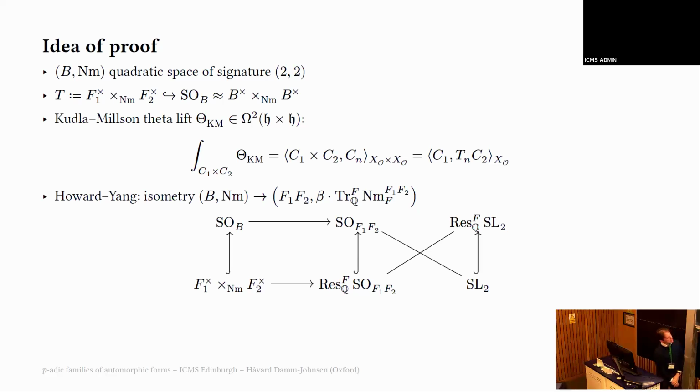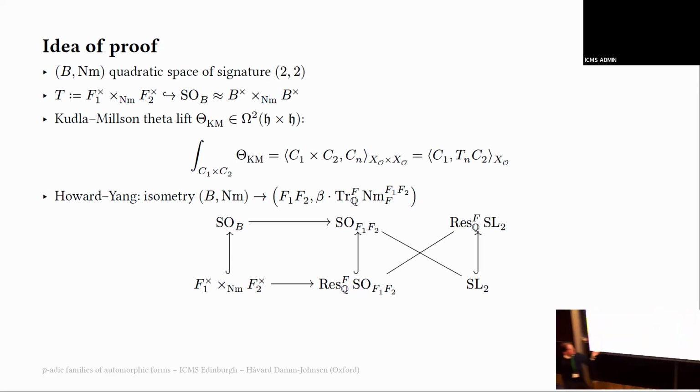So we have this seesaw diagram on the right, which is something that's used often in the Kudla program. Upstairs, we can compare the orthogonal groups corresponding to the orthogonal spaces that we considered.